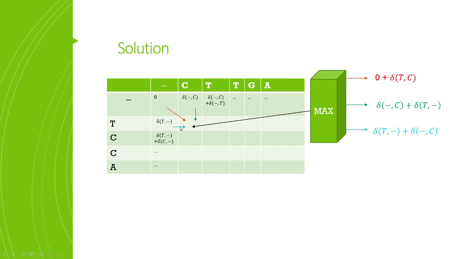And now that you know how to fill one square, remaining is just really keep on adding that. And then finally, when you get to this last point here, this is your score, or max alignment score for this sequence. So this, by the way, we did it took order mn space and order mn time.